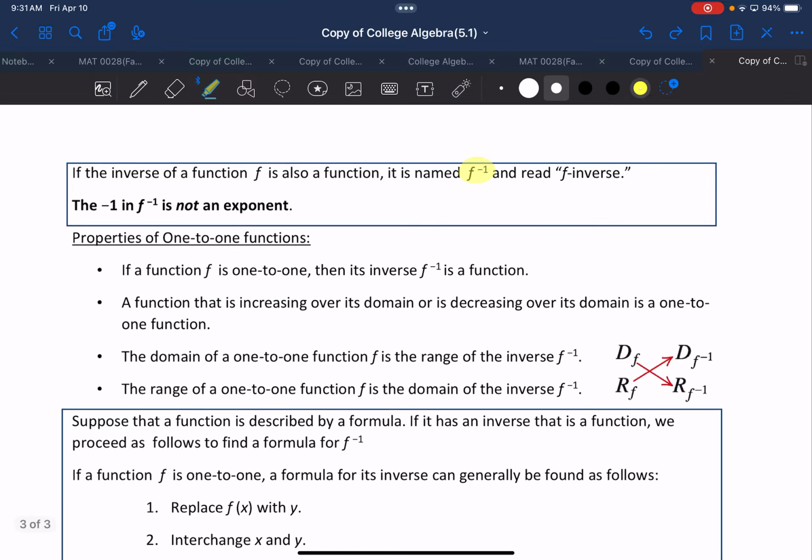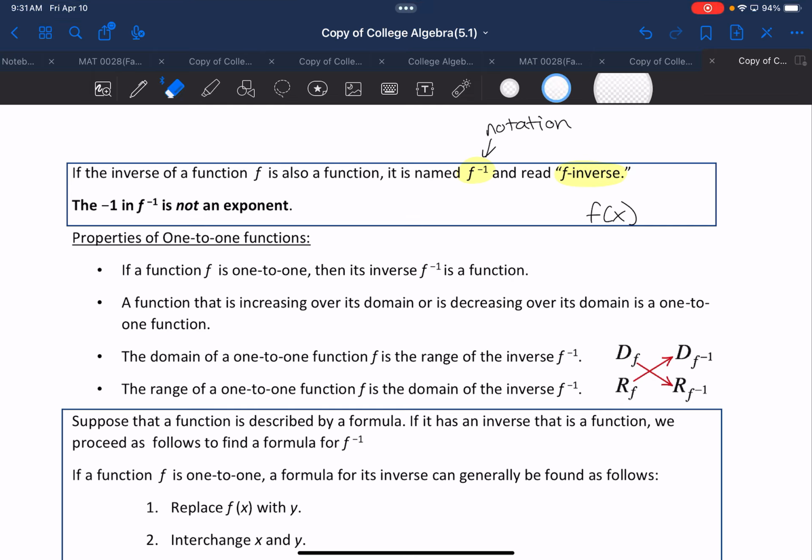That looks kind of like a negative 1 exponent, but it's not an exponent. Again, this is just notation. It's like giving the function a name, and the name is that it's the inverse of the original. Just like f of x used to be notation. Well, it still is notation, but just like we learned that that's notation for the name of a function in terms of x, f inverse is notation for the inverse of the original function f. So it is not an exponent.